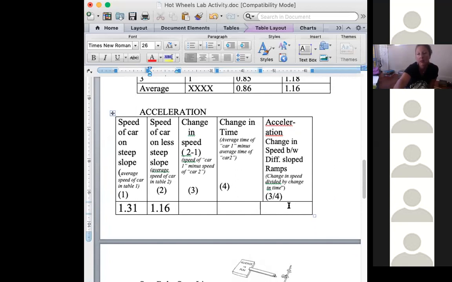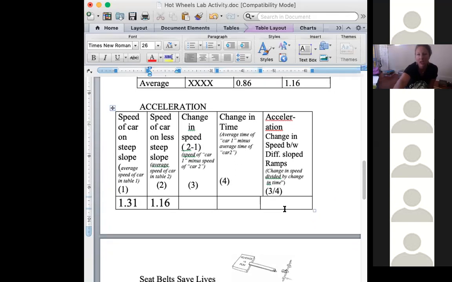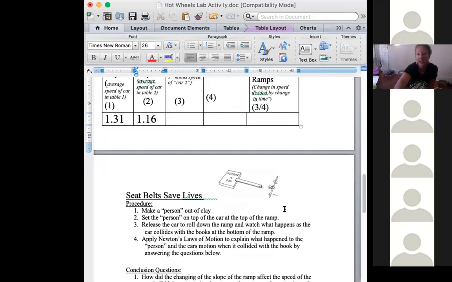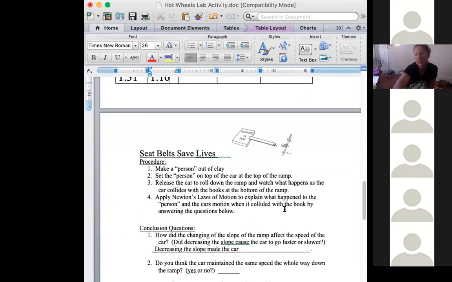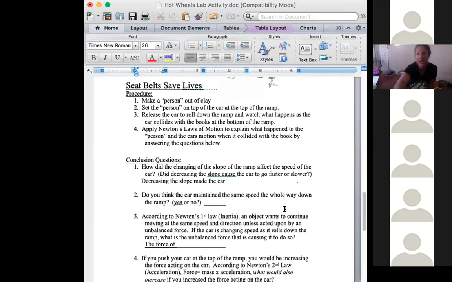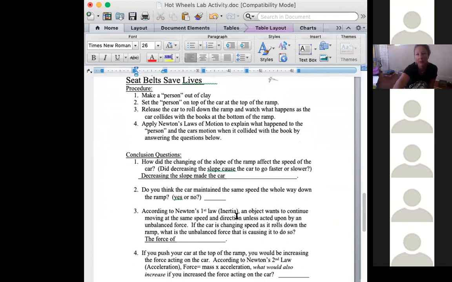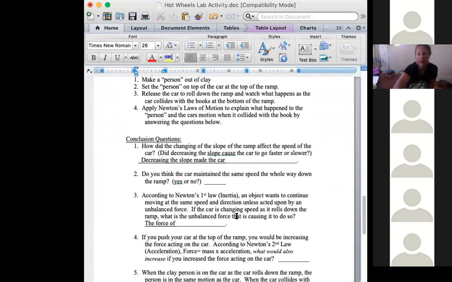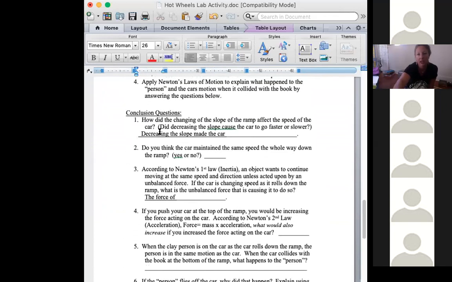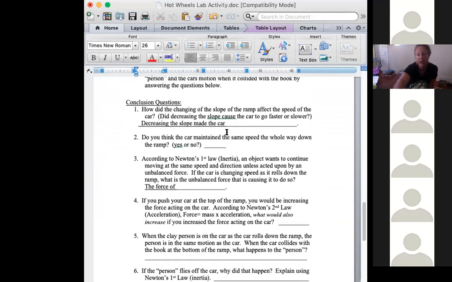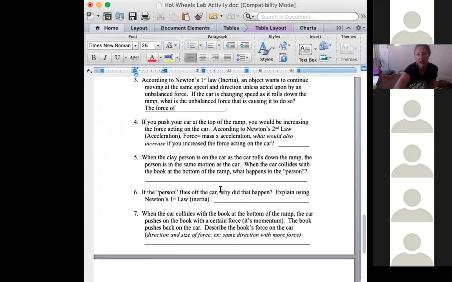And that's going to be your answer to your acceleration, or change in speed, between your two slopes. And then you'll be able to answer the questions. There is one question at least about that. And then there's some other questions here about Newton's law. So see here, it's questions asking about how it changed speeds, etc.